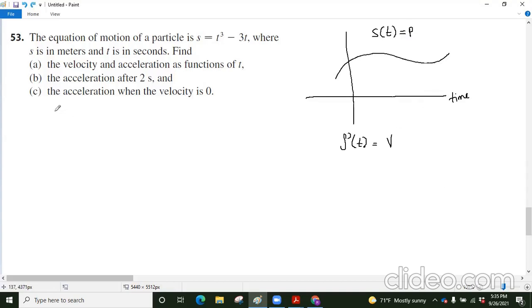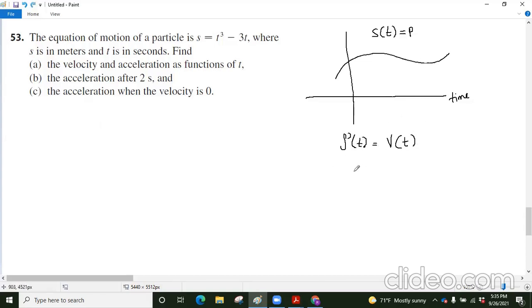And if you want to take derivatives using the limit definition of the derivative or differentiation rules, both can get you to the same answer, but differentiation rules are a lot faster. s prime of t is equal to v of t, the velocity.